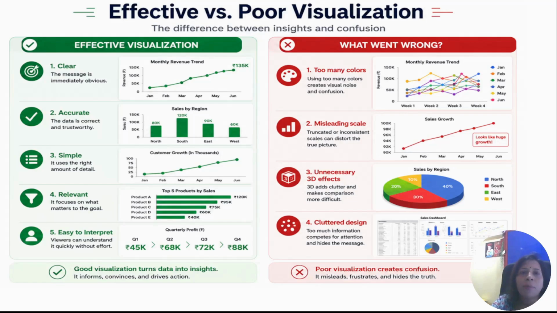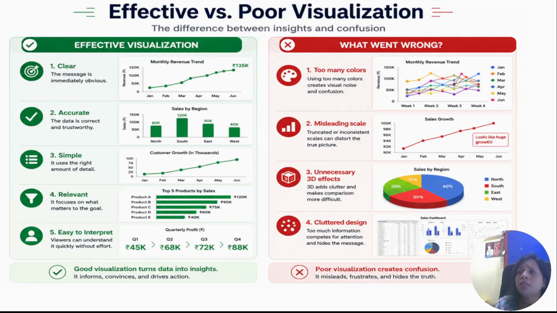And if I talk about poor visualization, sometimes the visualization contains too many colors. So it makes confusion. So it is not good. Also sometimes the scales are manipulated, and it leads to confusion in the chart. Also, for decoration purposes only, you don't have to use 3D effects or 4D effects in the charts.